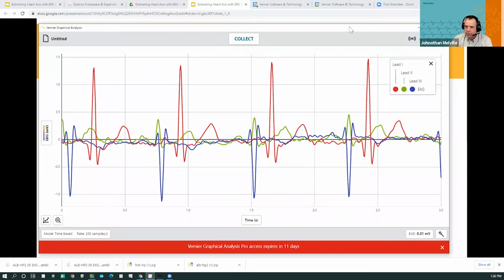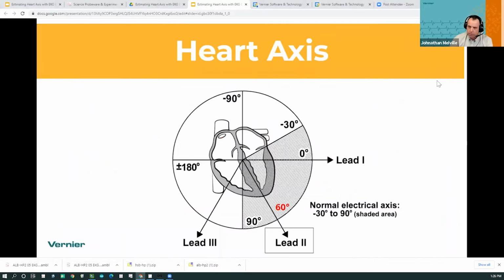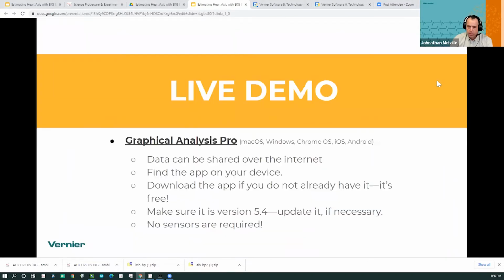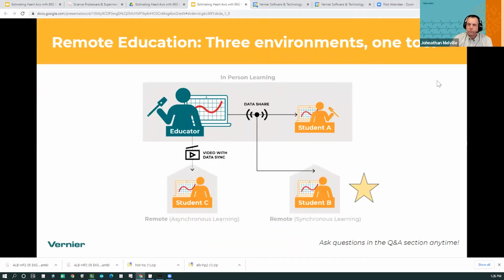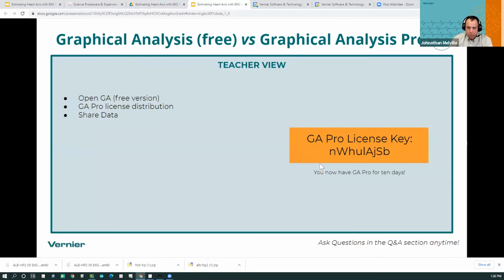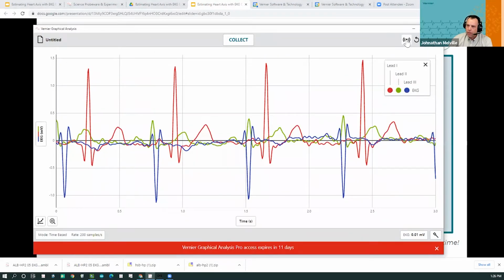There's this really cool feature in GA Pro. So let's go back here to GA Pro. If any of you have GA, you can actually create a temporary Pro license by putting in this number, NWHULAJSB. I will show you how to do that in a moment, and that will make it the Pro version. So if we go back here, here's Graphical Analysis, and there's this little TIE fighter icon here, which I can use to data share.